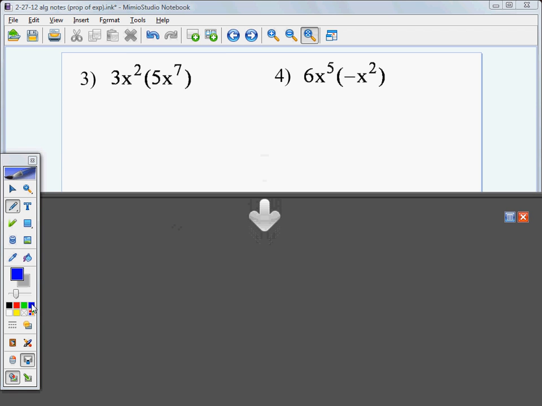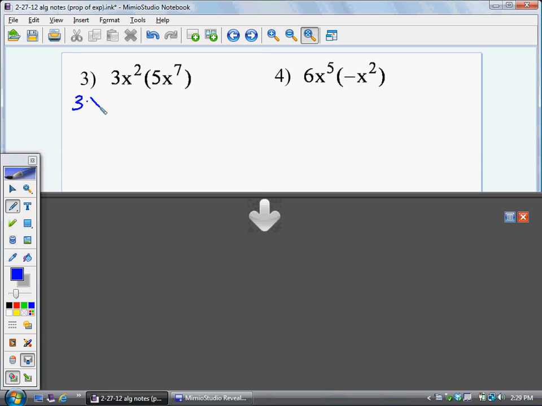This time we also have coefficients in front. So it's 3 times x squared multiplied by 5 times x to the 7th. Now, we write everything out. That's 3 times x, and 5, and I'm going to have 7 x's, and we're multiplying everything together.